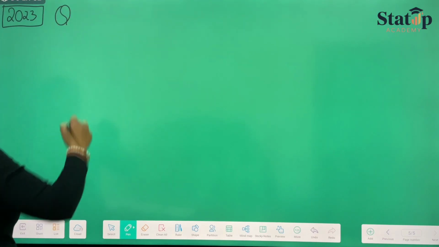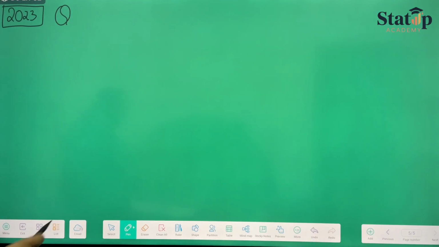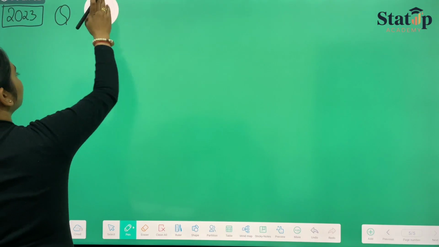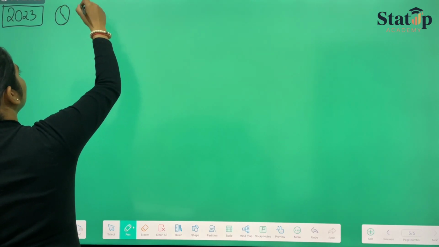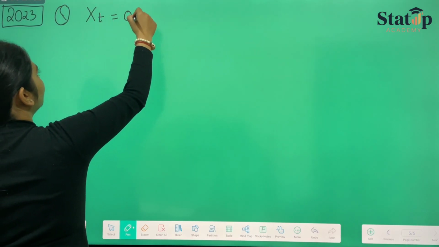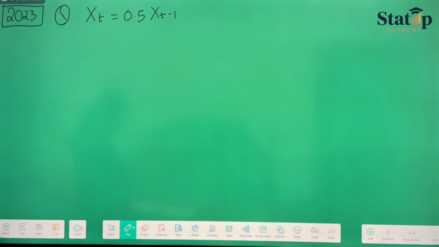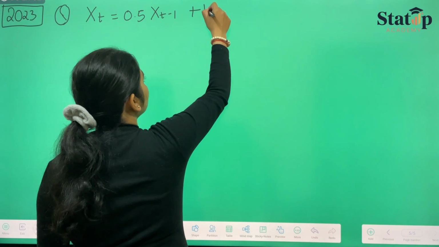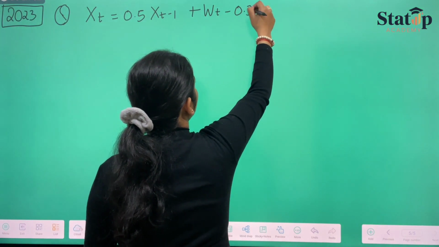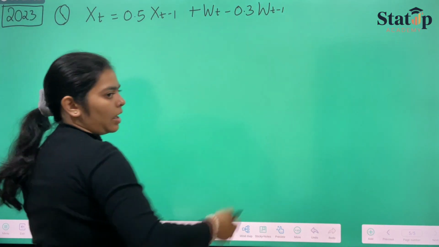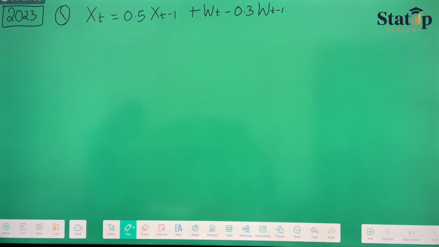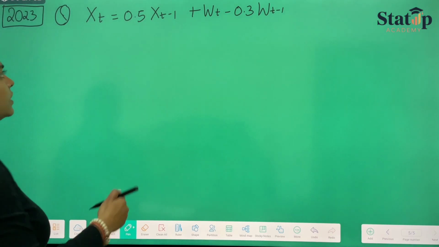The model is xt equals 0.5 xt minus 1 plus wt minus 0.3 wt minus 1. And we have to find the Wold's representation.